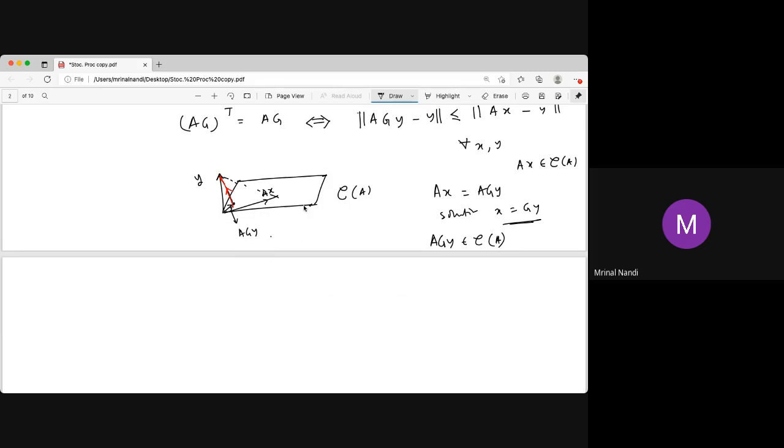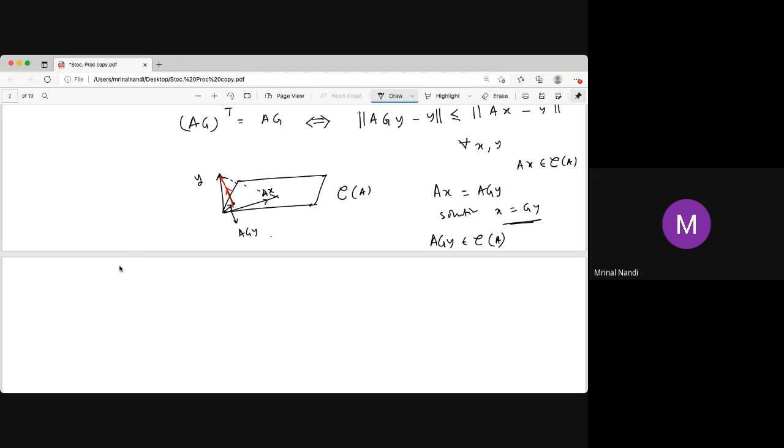And to fulfill this condition, x must be some Gy. So this is the idea.